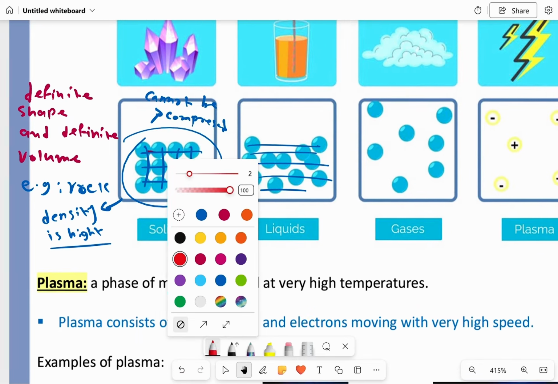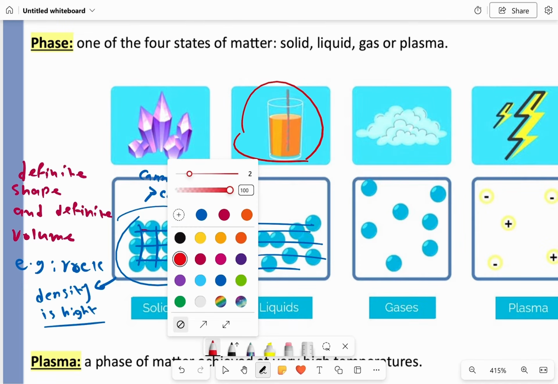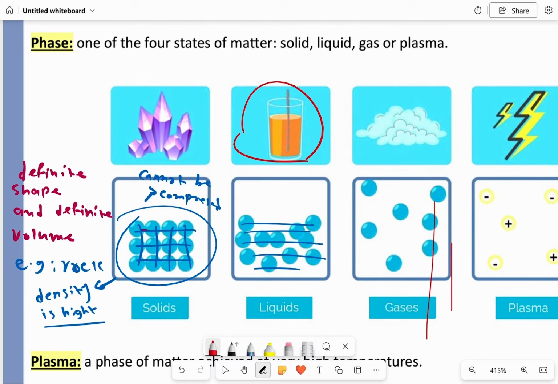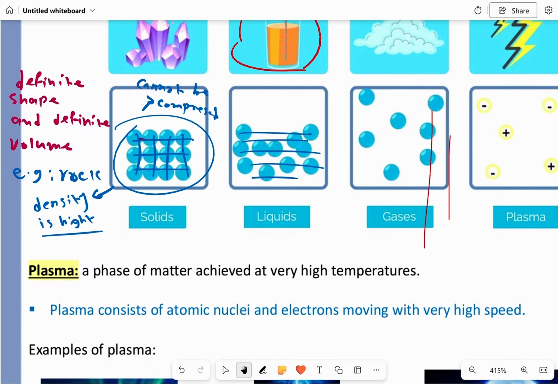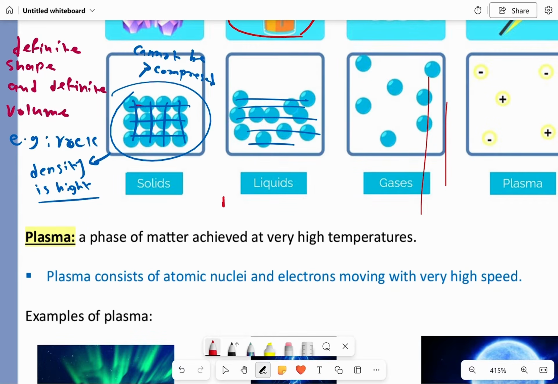Liquids, they have no definite shape. So they take, for example, you have this glass, okay? It takes the shape of what? It takes the shape of the container, okay? So liquids, no definite shape.